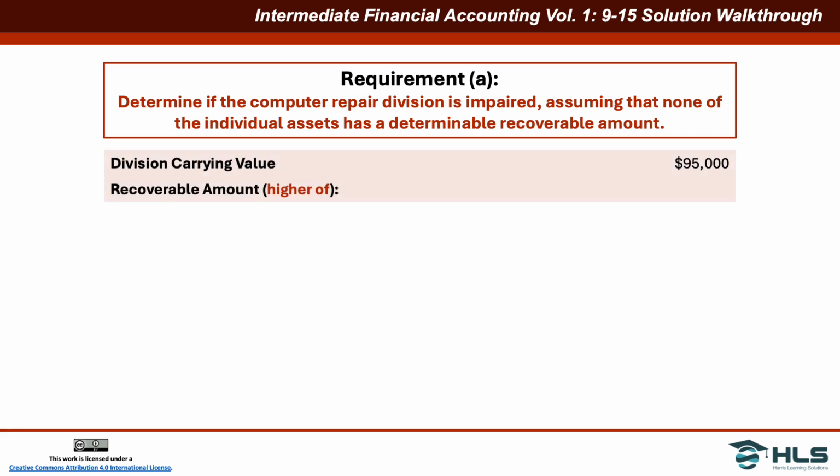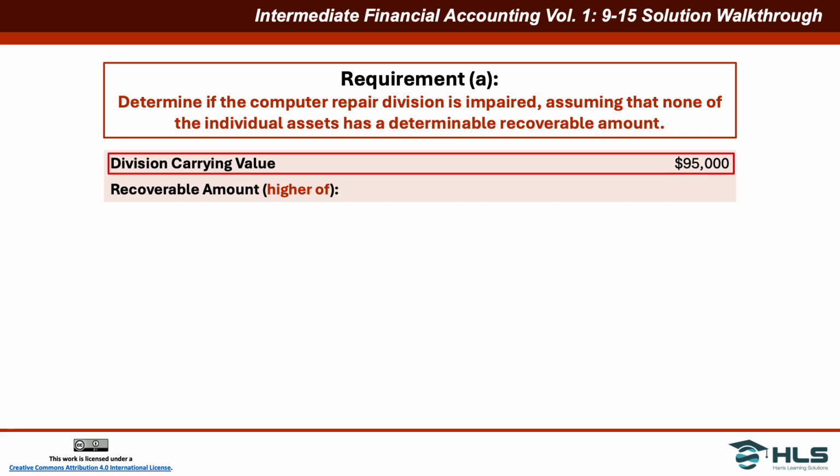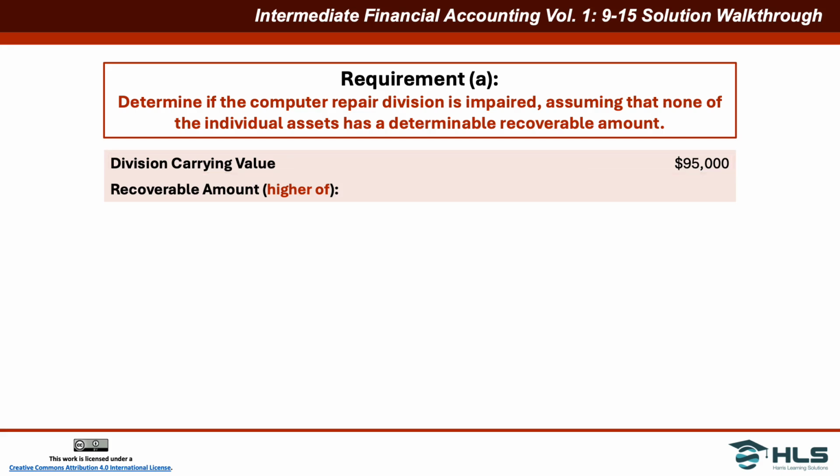When testing for impairment under IFRS, we have to compare the carrying value of the cash generating unit to its recoverable amount. In this case, the carrying value of the entire division is the sum of all the carrying values of the computer, furniture, and equipment, adding up to $95,000. The recoverable amount is based on the higher of either the value in use, or VIU, or the fair value less cost to sell.